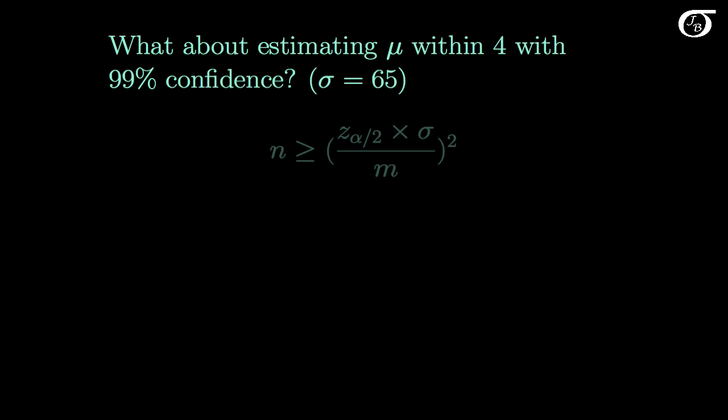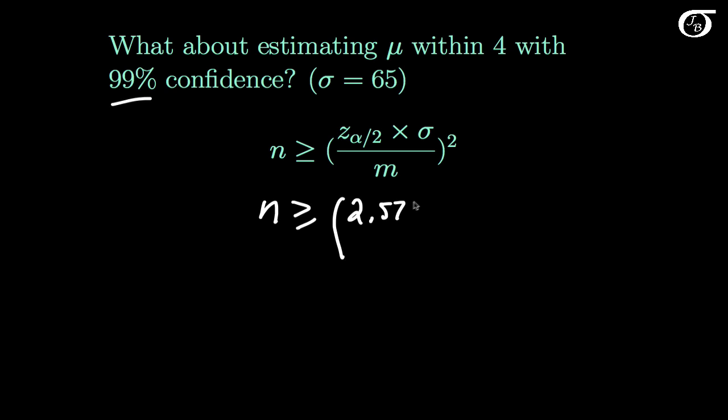What about if we wish to estimate mu within 4 with 99% confidence in the same setting? Well, again, we have our same formula, and n would have to be bigger than or equal to the z value for a 99% confidence interval, which is 2.576. We multiply that by sigma, which is given as 65, and m is 4 again.